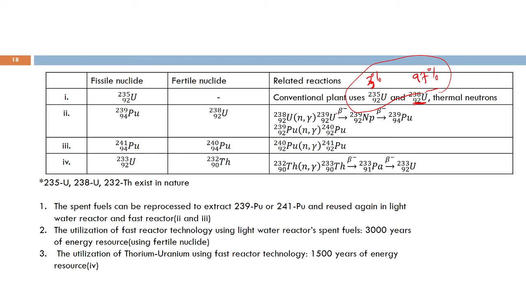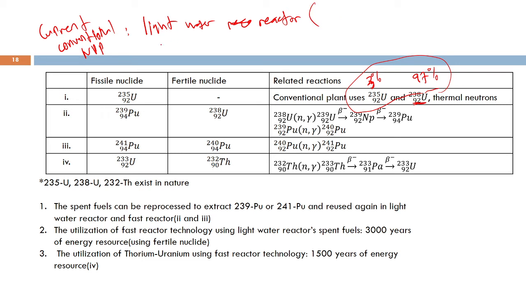By the way, the conventional nuclear power plant is the light water reactor, which means it uses H2O to moderate the neutron, so that the dominant population of neutron in the reactor is the thermal neutron, the low energy neutron.